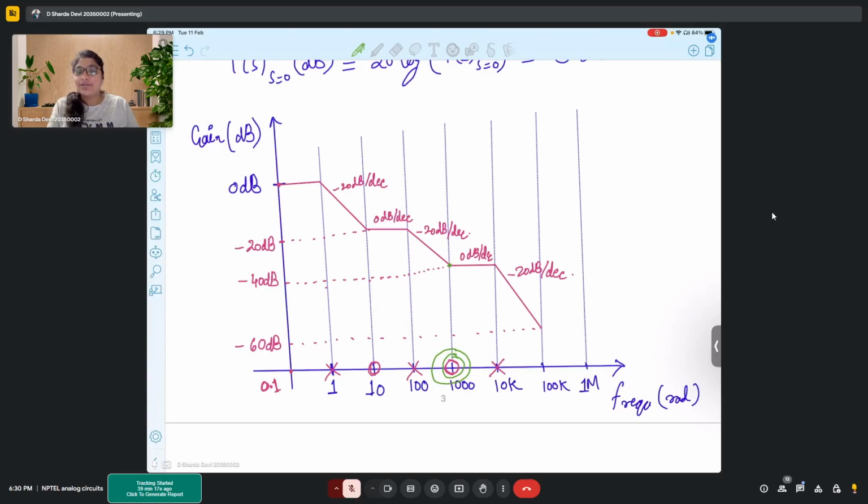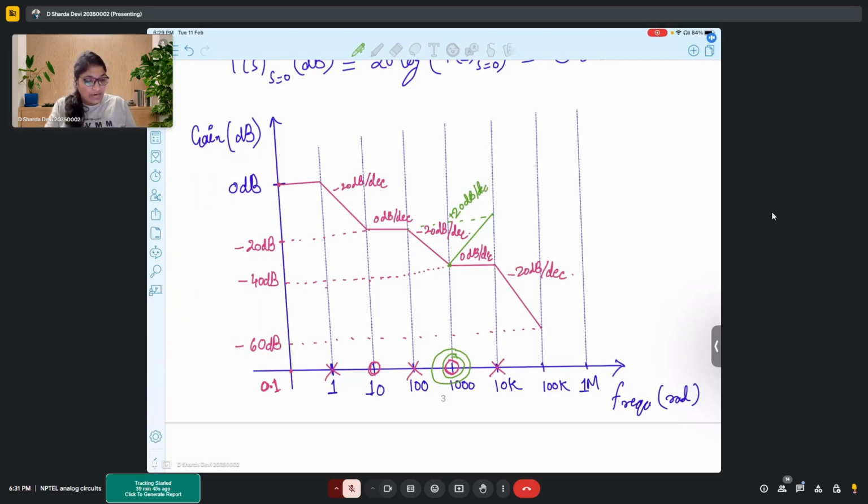Two zeros will introduce plus 40 dB per decade slope. And earlier the graph was moving with a slope of minus 20 dB per decade. So the resultant slope of the system becomes plus 20 dB per decade, right? So we will again move to the same value with the slope being plus 20 dB per decade.